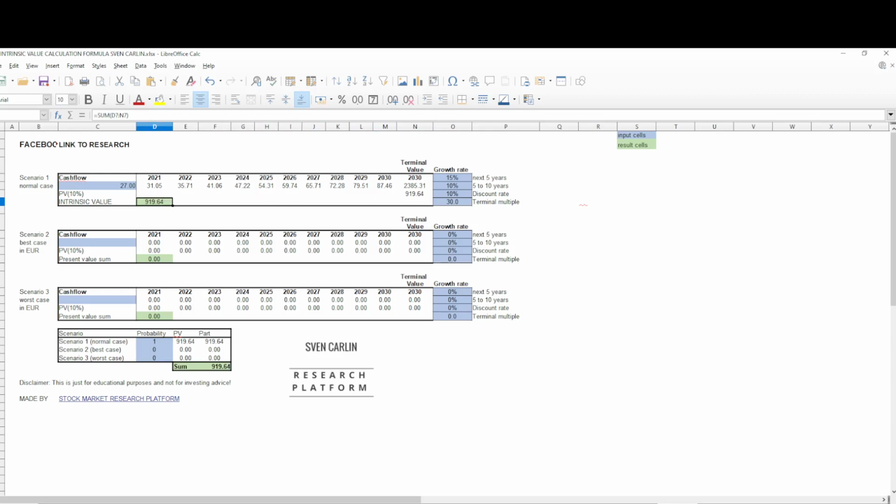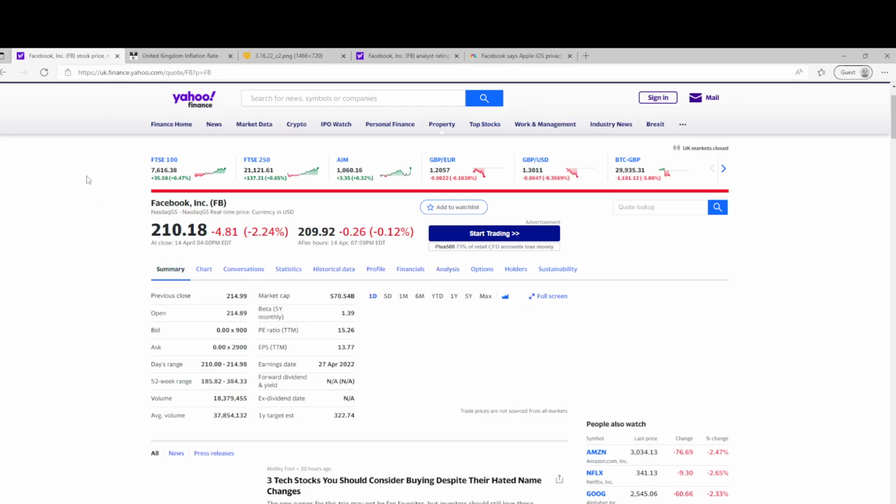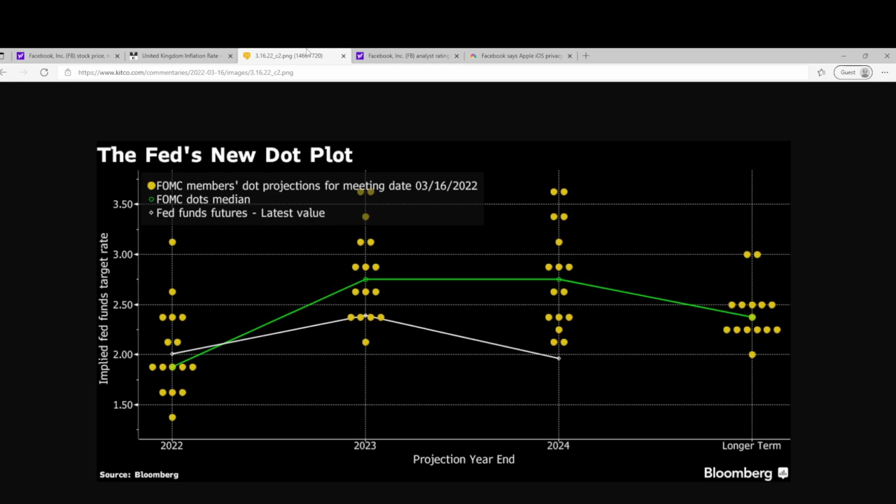Obviously, since then, we are a fair bit down. There could be a few things that caused that. The first one possibly being the Federal Reserve interest rates. A year and a half ago, we were in the middle of the bad times, with pretty much 0% interest rates, and we've since had high inflation and the Fed looking at raising interest rates quite a lot.